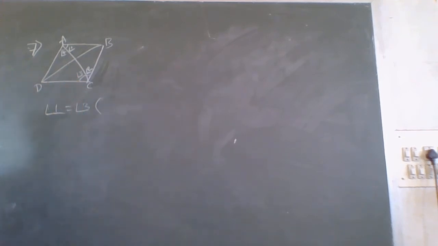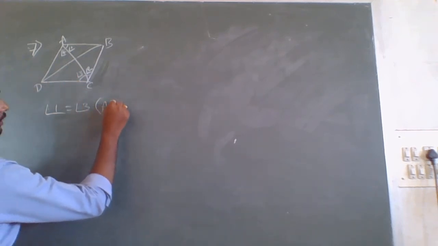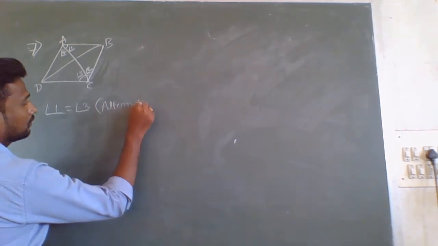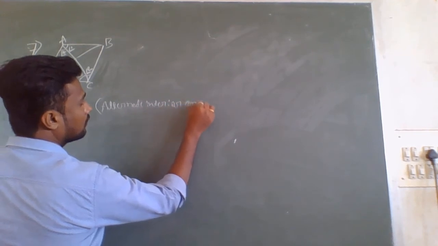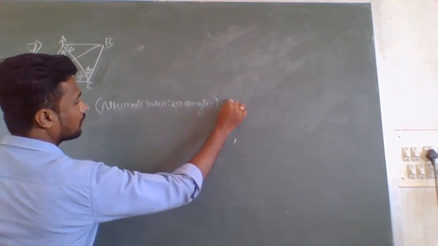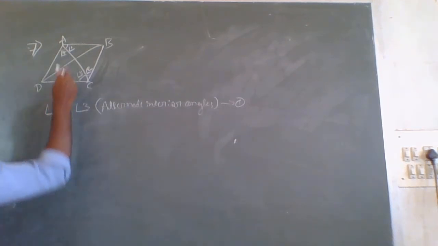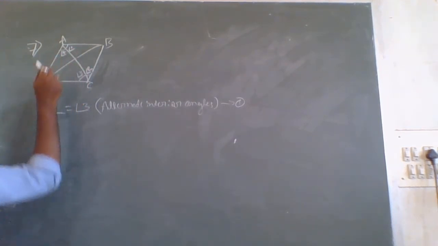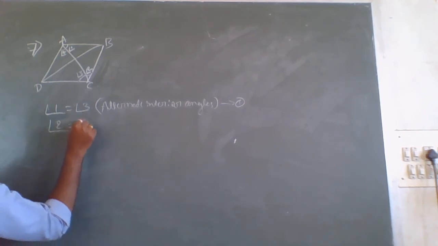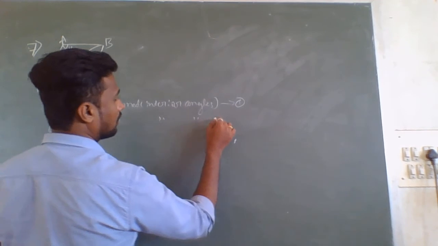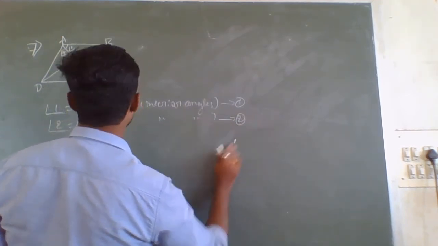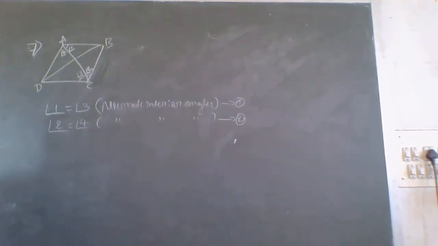Then angle 2 is equal to angle 4, and this is also an alternate interior angle. So 1 is equal to 3 and 2 is equal to 4.